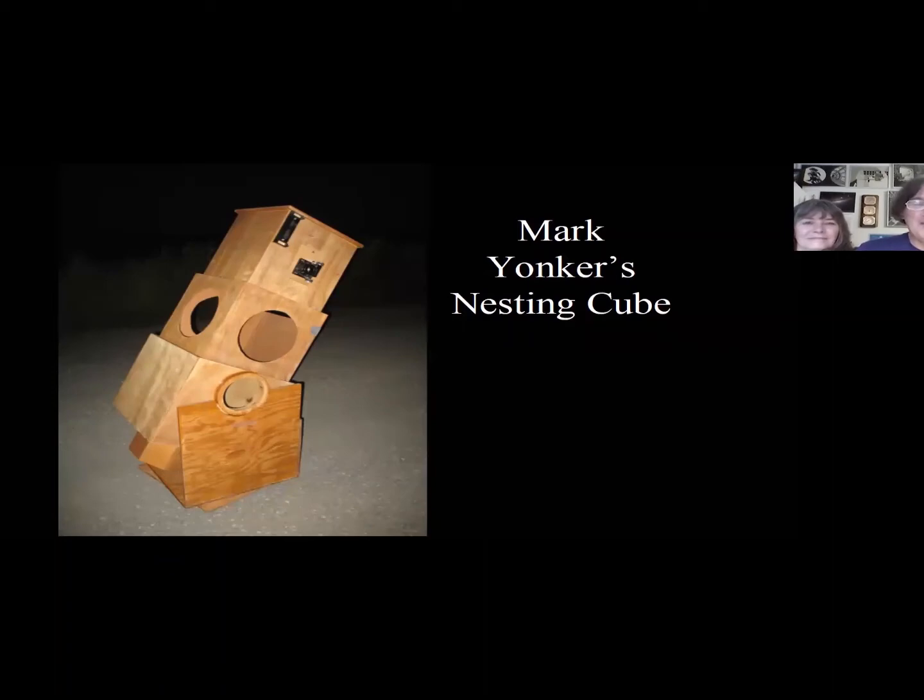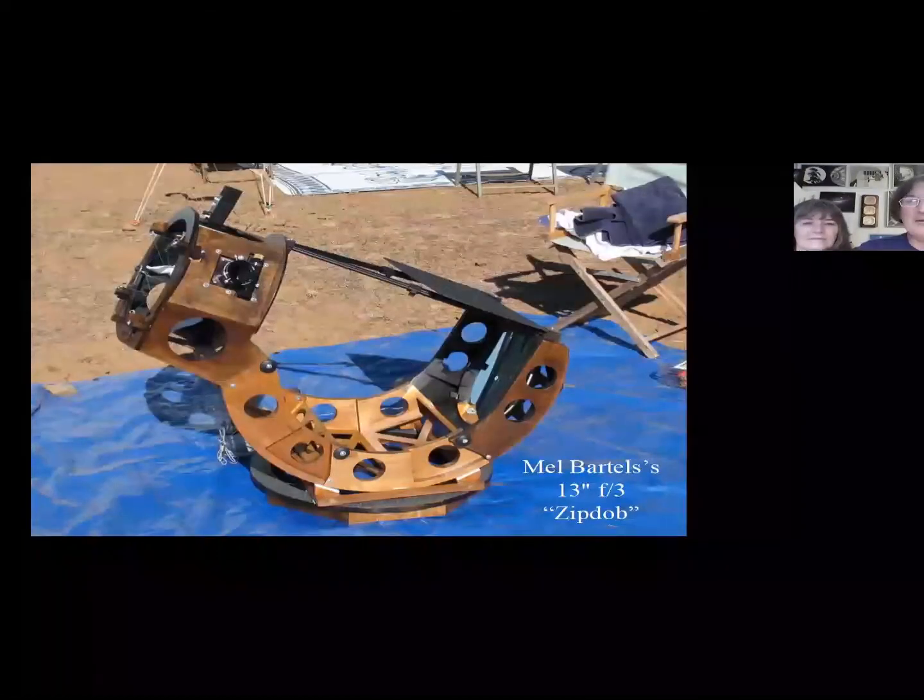So Mel took that idea of the 13-inch f3 mirror and made a very high quality mirror. Basically, I think Dave Davis's mirror was kind of the inspiration for this. But he built this fabulous, fabulous telescope. He calls it a zip dob, and it folds up.